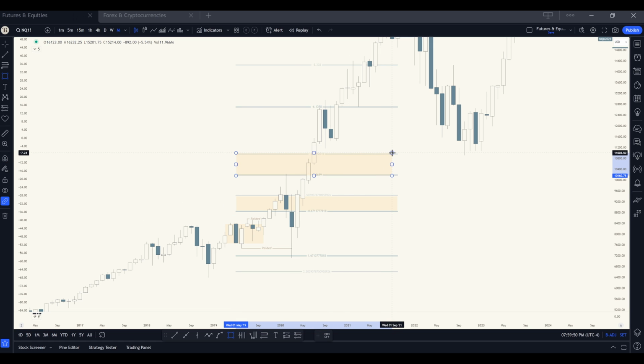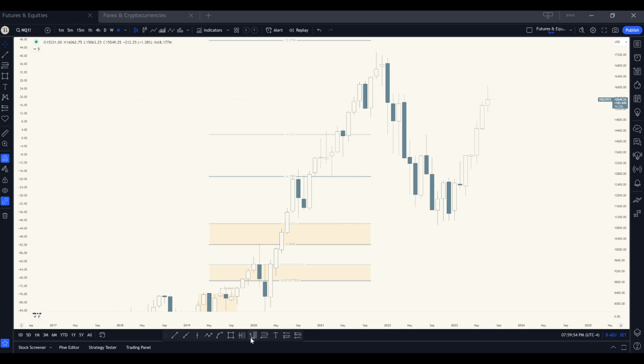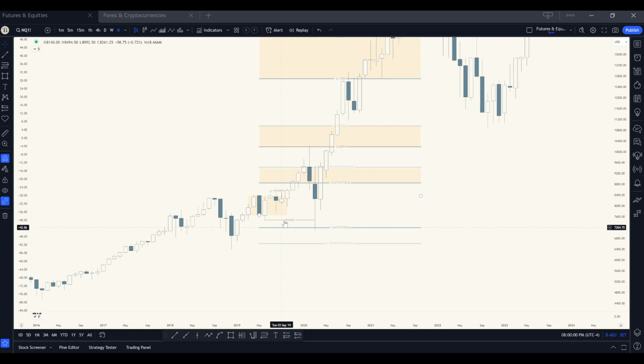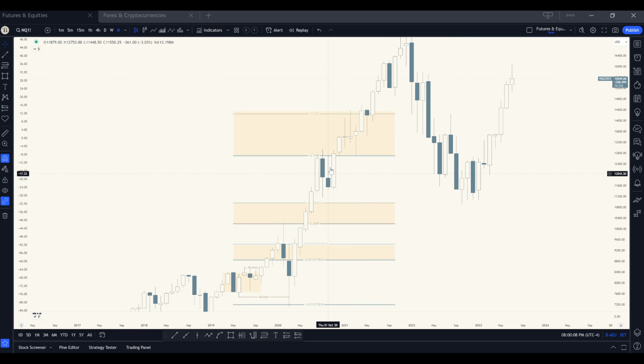This range is a target. This range is a target. How many targets ahead are we? 1, 2, 3, 4. What happened there? What do we get? We got deviation, because we are 4 targets ahead.